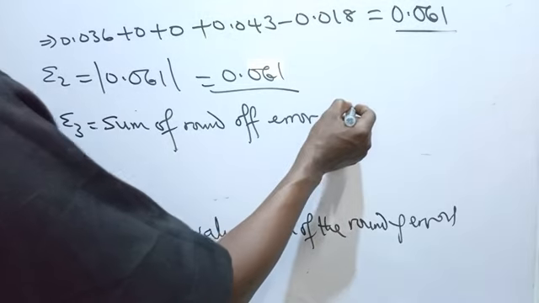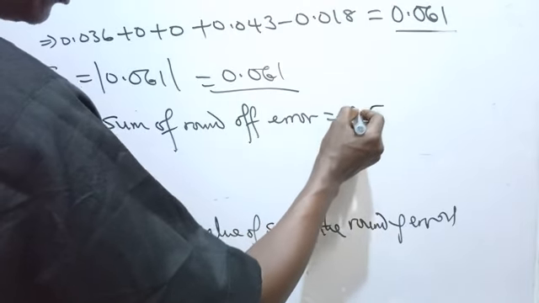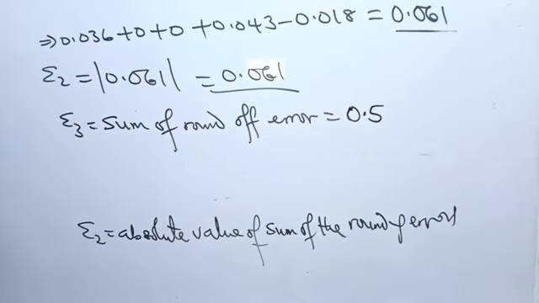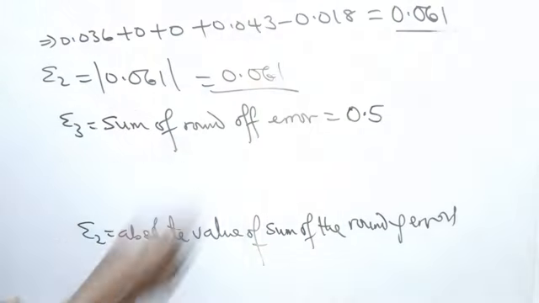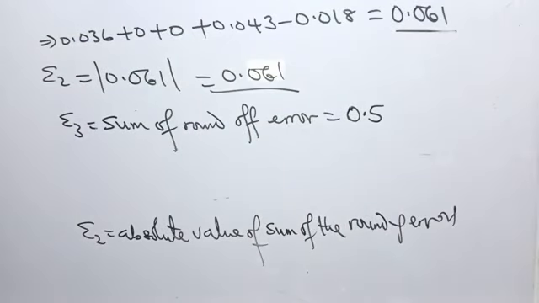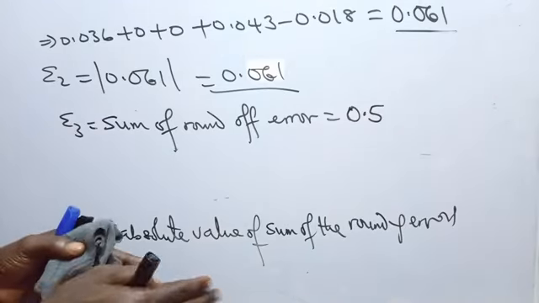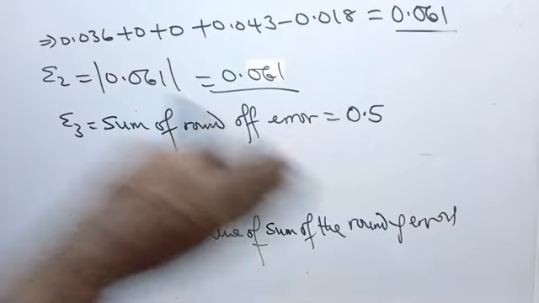So that was 0.5. So the sum of round off error is 0.5. Yes, that's the base there. Because what we are saying is that the round off error we are now expected to have should be 0.5. If it has a number that has one decimal place, the round off error will have been 0.05.